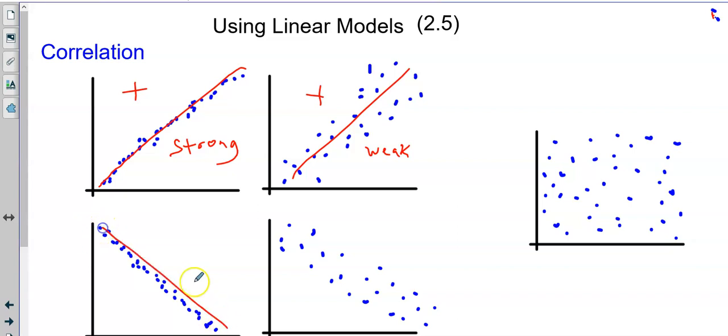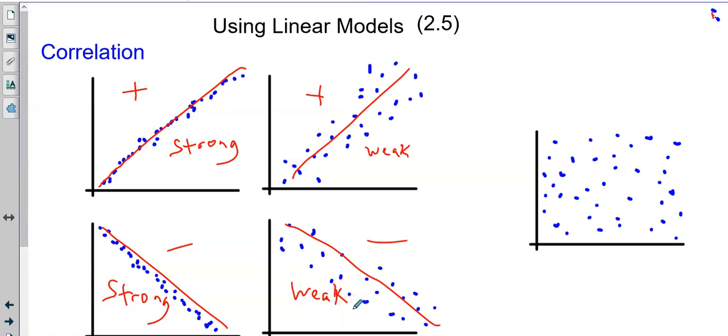This would definitely be a negative correlation as x is increasing, y is decreasing, and it would be strong. You would describe it as a strong negative correlation. This one would be a negative correlation as well, but this one would be weak, or at least moderately strong or moderate.